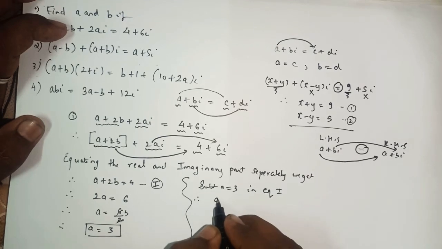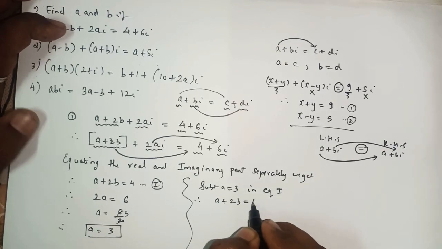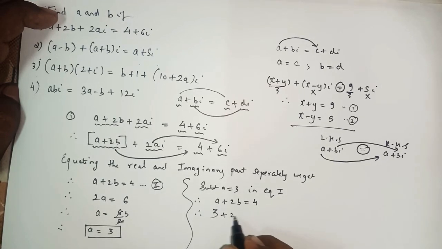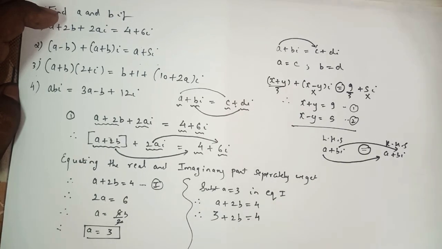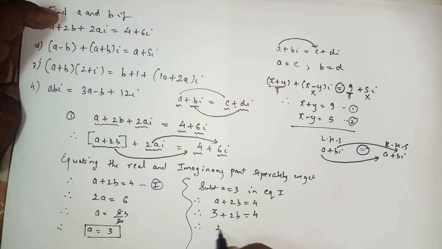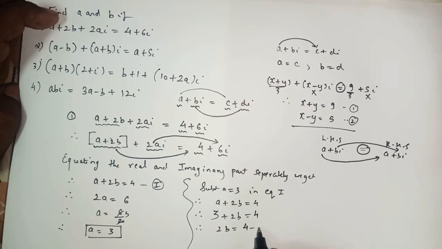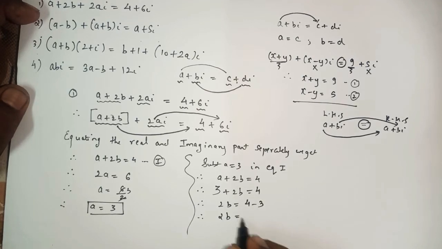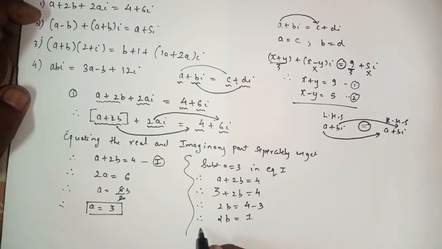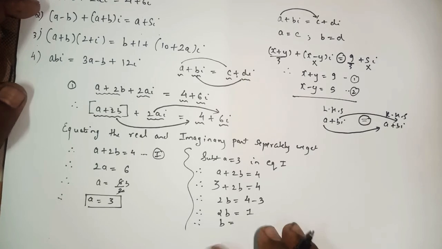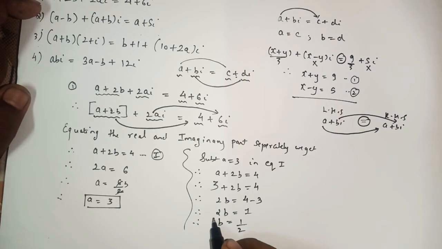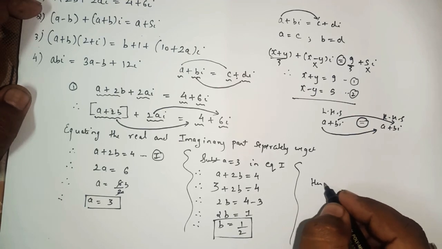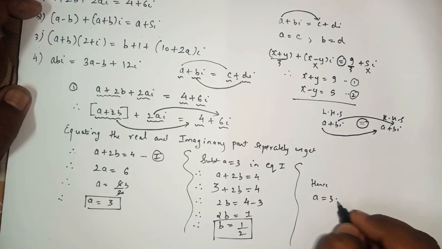So a plus 2b equals 4, so 3 plus 2b equals 4. So 2b equals 4 minus 3, which is 1. So here the final answer for b is 1 by 2. So we got a as 3 and b as 1 by 2.